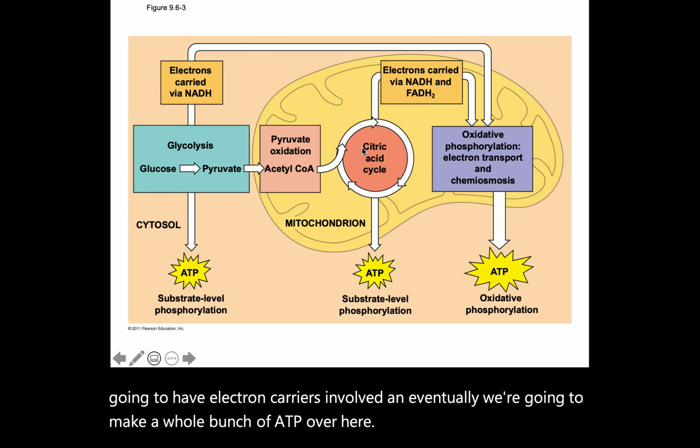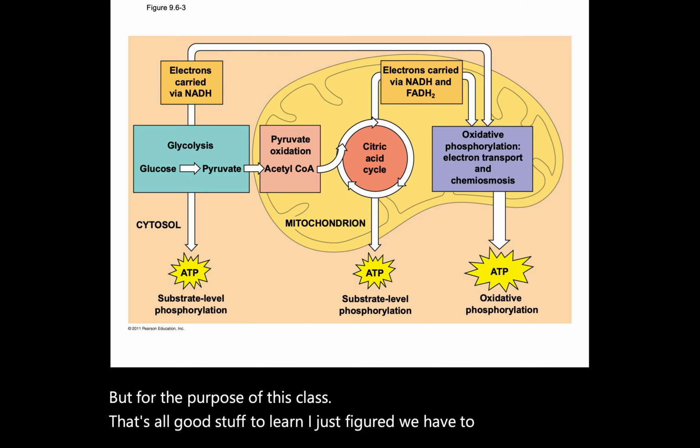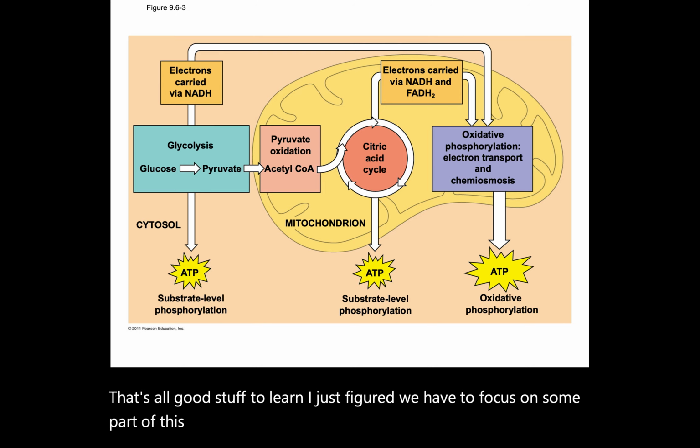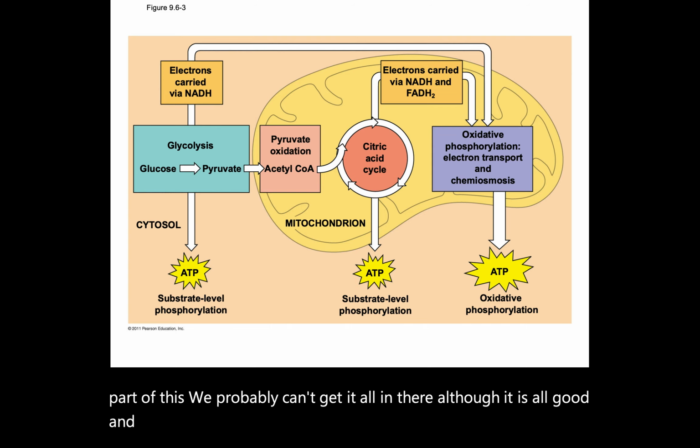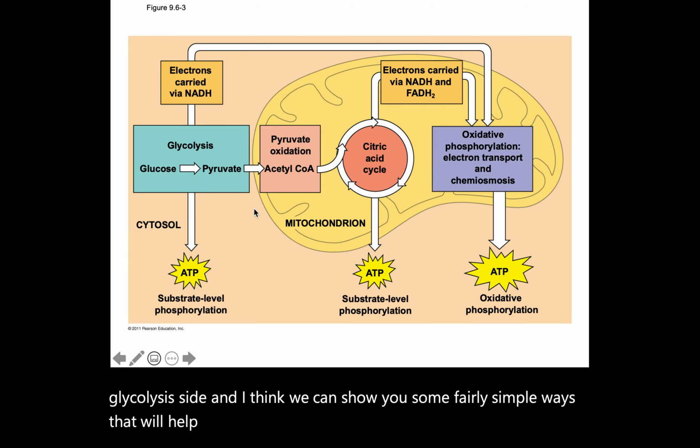But for the purpose of this class, that's all good stuff to learn. I just figure we have to focus on some part of this. We probably can't get it all in there, although it is all good and useful and real legitimate biology. So we're going to focus on the glycolysis side, and I think we can show you some fairly simple ways that'll help you remember what these molecules look like. But we're going to go into a little bit of extra detail.